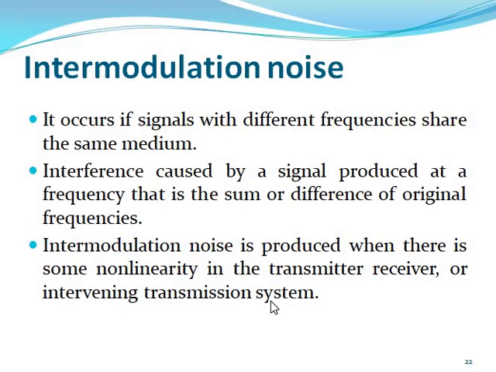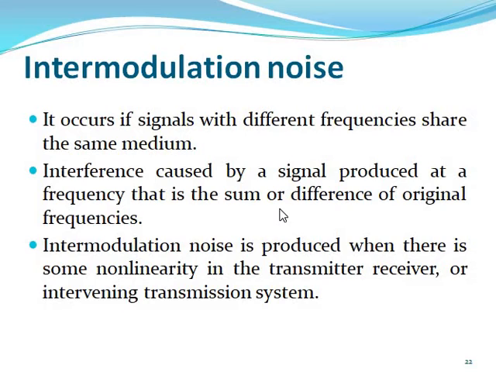Intermodulation noise is produced when there is some non-linearity in the transmitter, receiver, or any intervening transmission system. So what is intermodulation noise? We can show that here also. A signal is produced at a frequency that is some different from the original frequency.